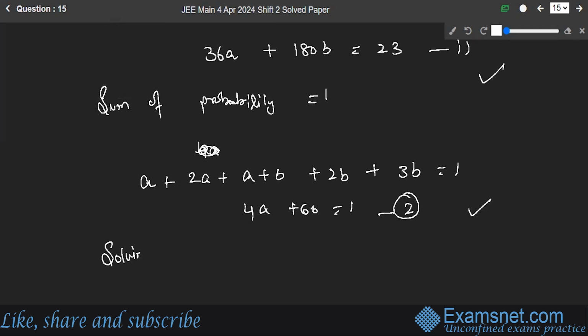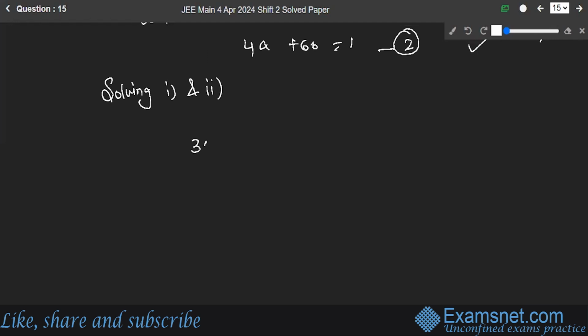Solving 1 and 2, let's do one thing. Multiply the second equation with 9 and subtract from the first. From the first, you have 36a plus 180b is equal to 23. Multiplying the second equation with 9 gives you 36a plus 54b is equal to 9.